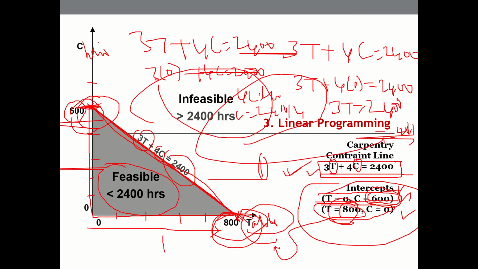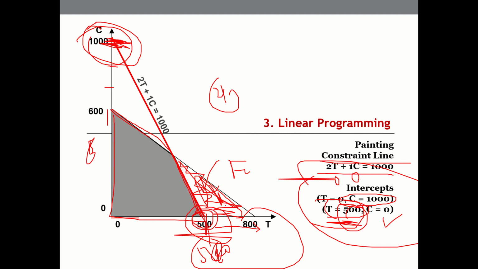So in the first case we said we can probably make 600 chairs and 800 tables. But if you add the painting constraint into the diagram, we said we can make 500 tables and 600 chairs. But the constraint is we don't need 600 chairs, we have only 450 chairs to be made.